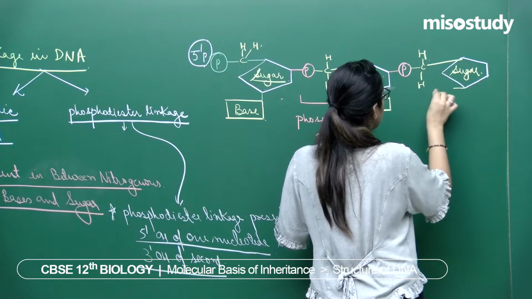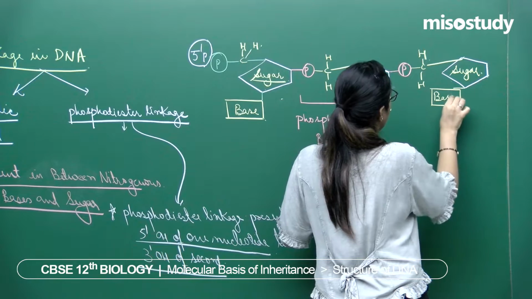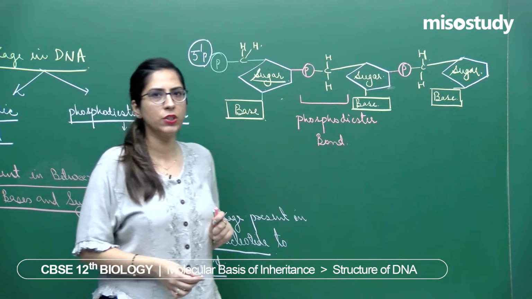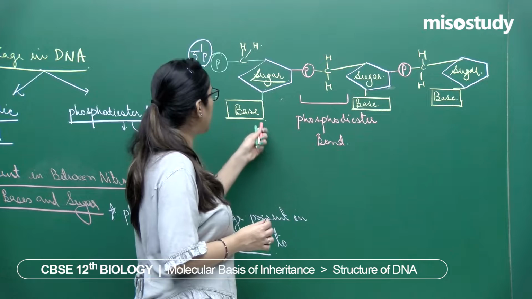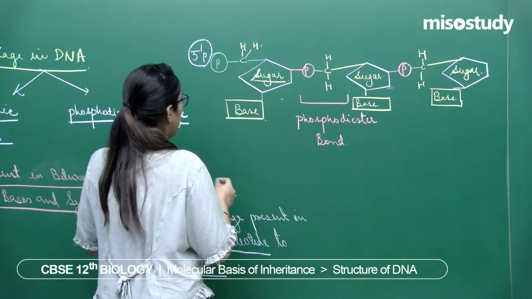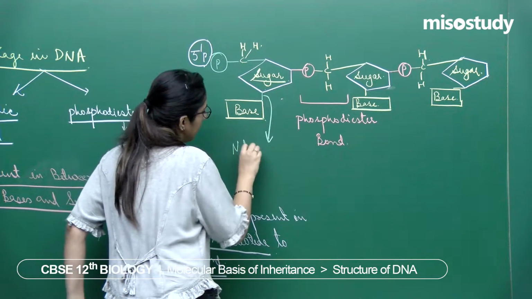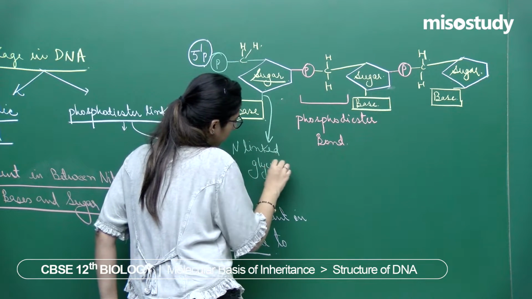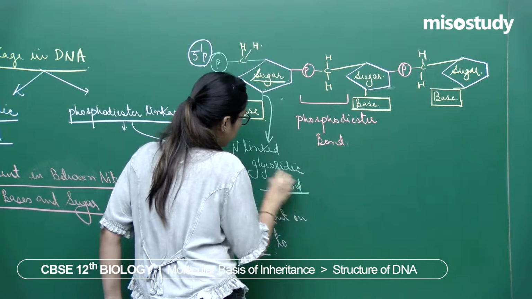This depiction shows which linkage is present. This is a phosphodiester bond, and the bond between sugar and base is called the N-linked glycosidic bond.